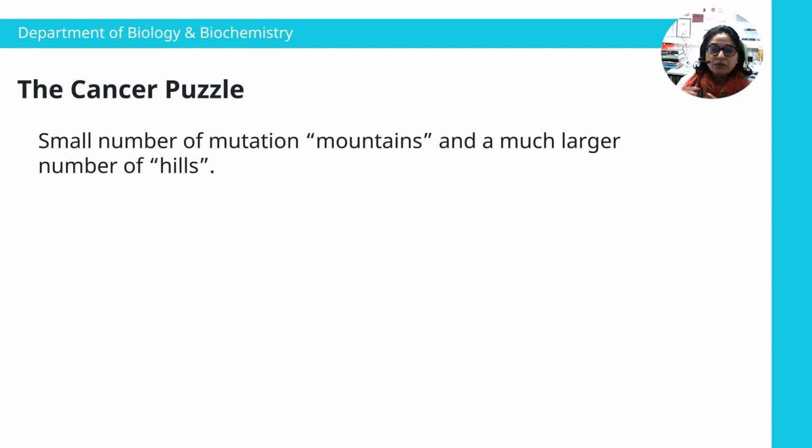And you also have a small number or a larger number of mutations that occur infrequently. So these are the so-called analogies of mountains and hills. These mountains are these genes that occur with a high frequency, and the others with a low frequency, but a lot of them. And this is where the problem arises as to how do we know which genes we should target.